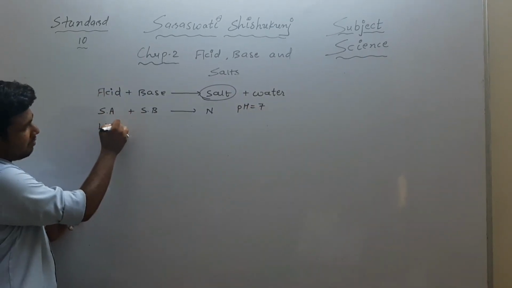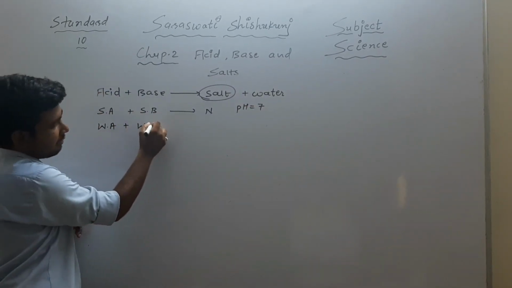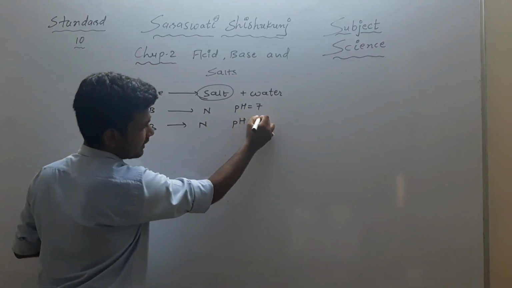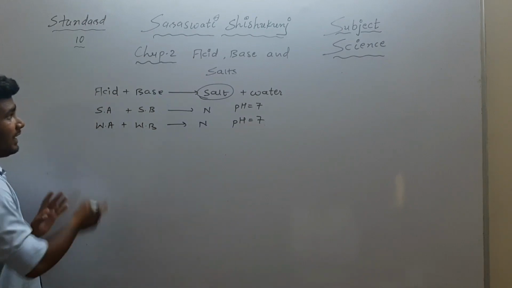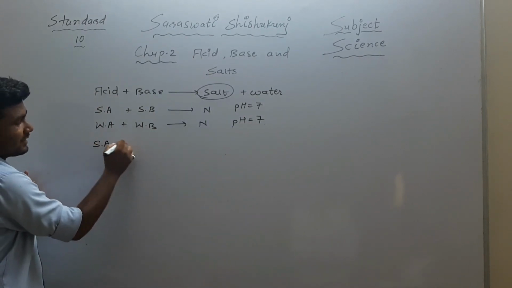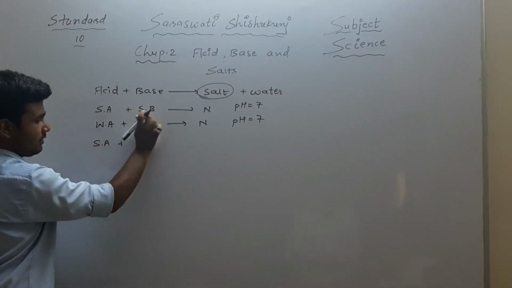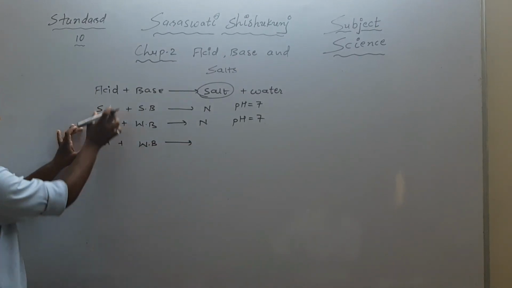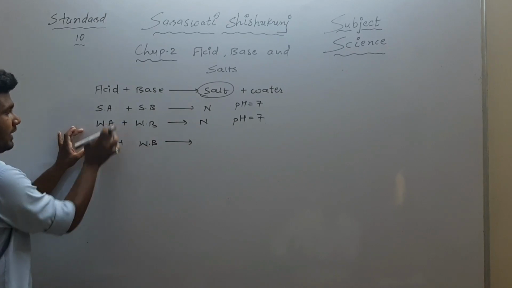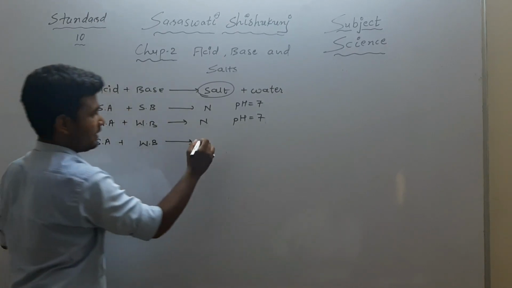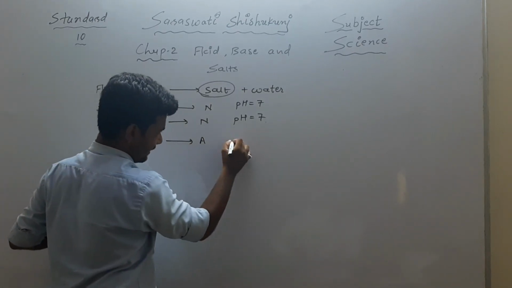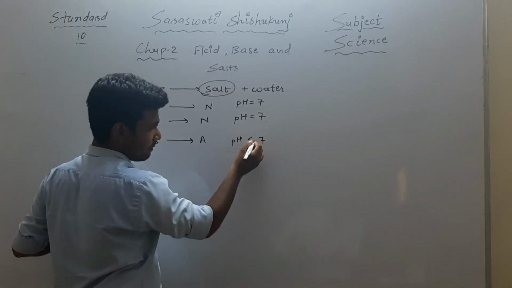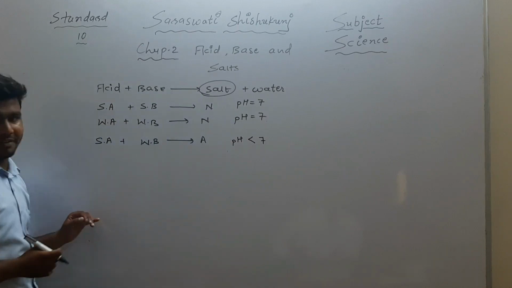If we take a weak acid and a weak base, in that case also it will be neutral and its pH will be nearly equal to 7. If we have a strong acid and a weak base, our salt will follow the strong one, that is acid, so it will be acidic, and we all know that for an acidic substance pH will be less than 7.